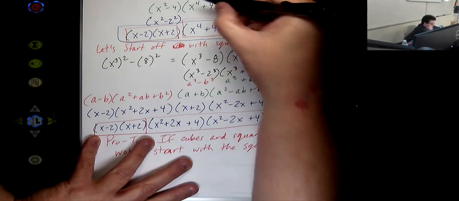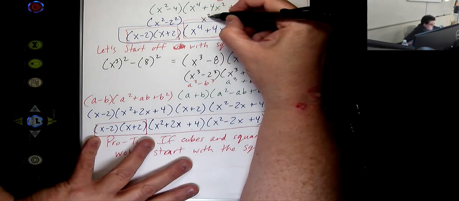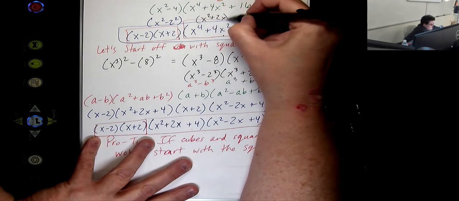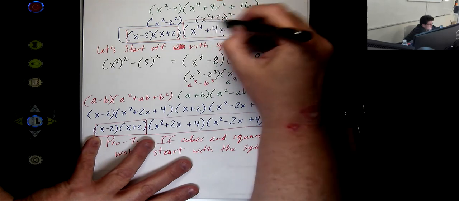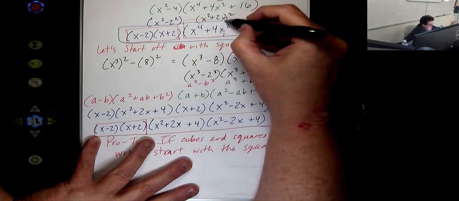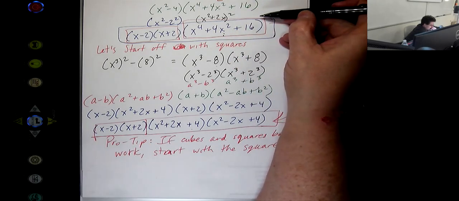Could we write this as, because I can't write this as, this isn't x squared plus 2x squared. That's not that. x to the 4th plus 4x squared doesn't turn into that. And we don't even have a squared formula to work with.